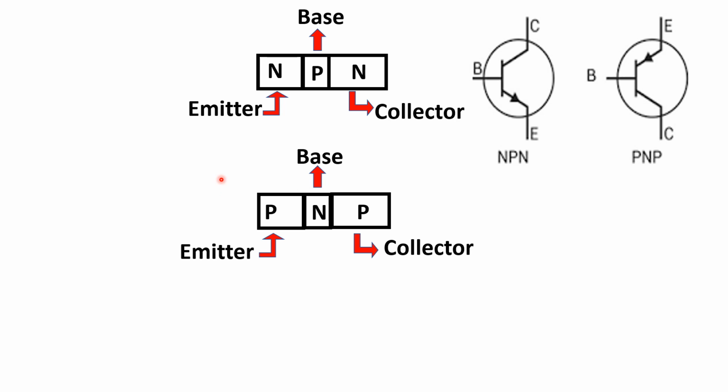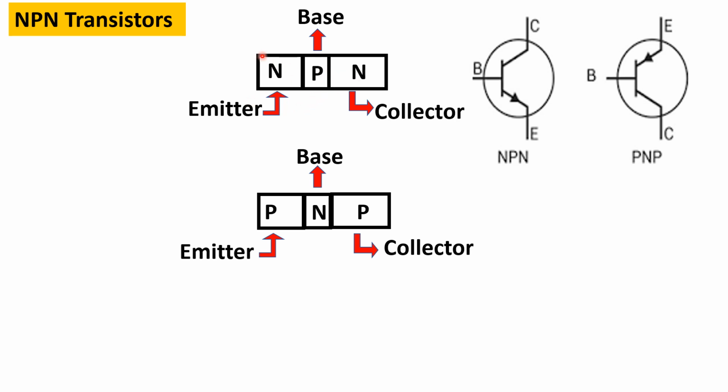There are two basic types of transistors in terms of what semiconductor materials are used. The first one in our illustration is what we call an NPN transistor. All right. This is the schematic diagram for an NPN transistor.